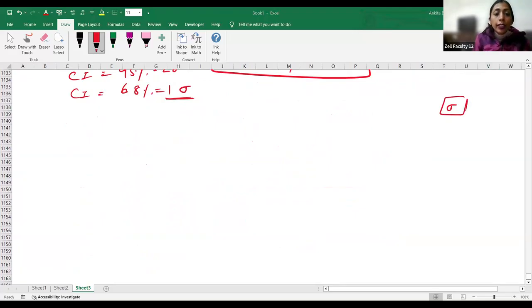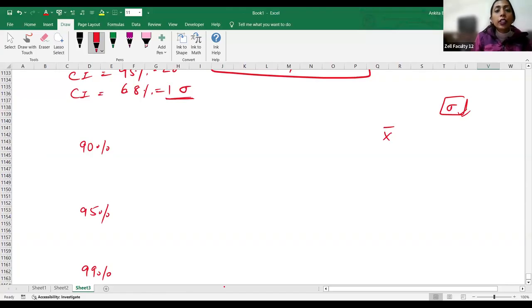Then you can also build confidence intervals of 90%, 95%, and 99%. So how can you build a confidence interval? To build a confidence interval, you would again need two things, the mean and the standard deviation.